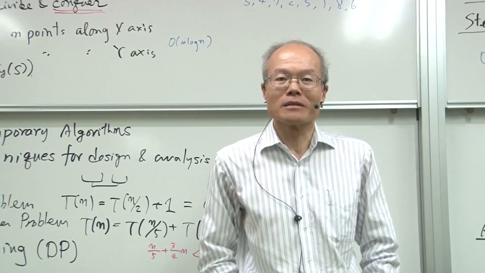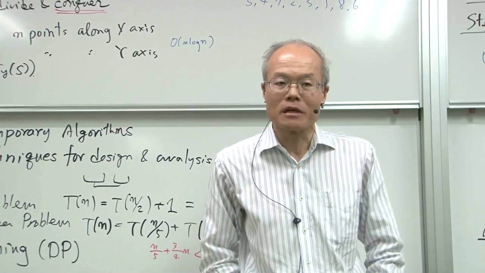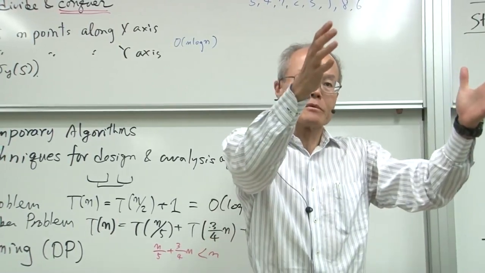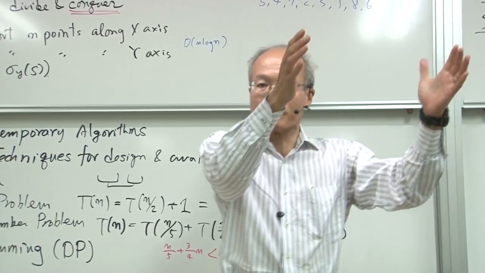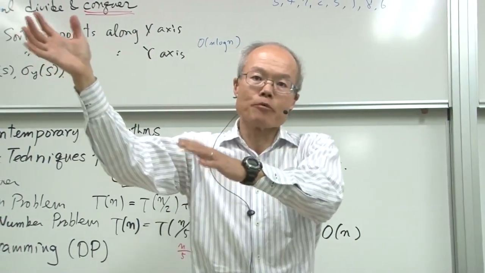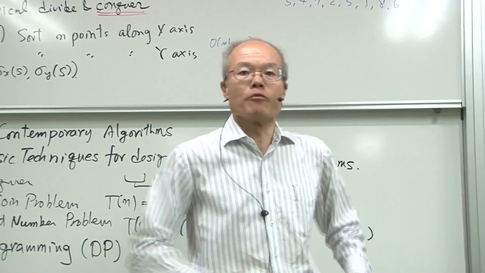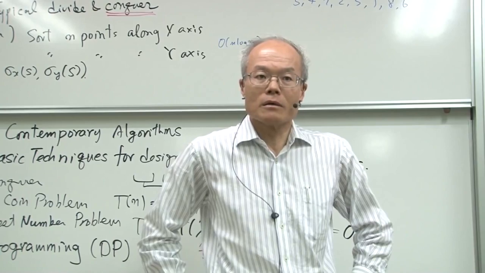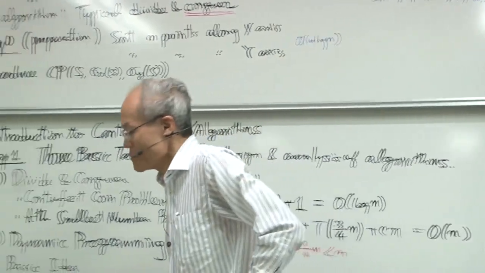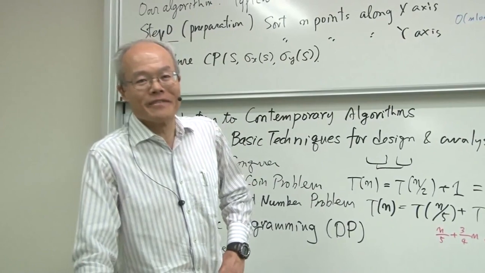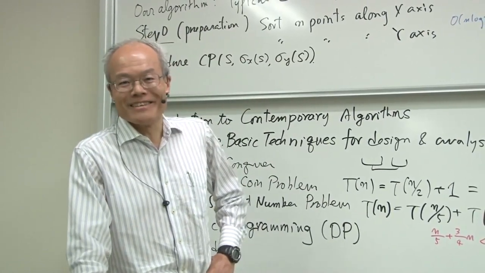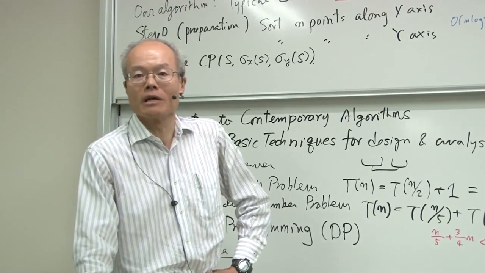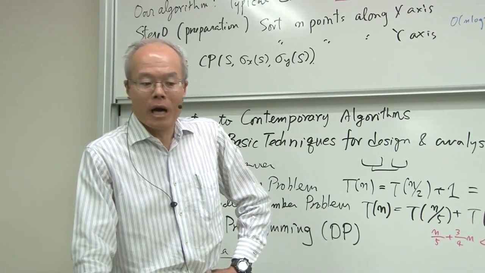In the case of divide and conquer, it's pretty easy to explain: just dividing your original problem into a couple of problems that are smaller than the original problem. But in this case, it's not so easy. Probably some of you already know dynamic programming.